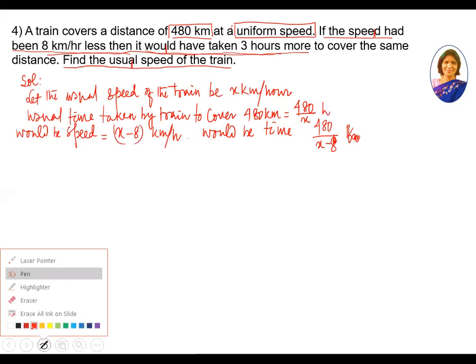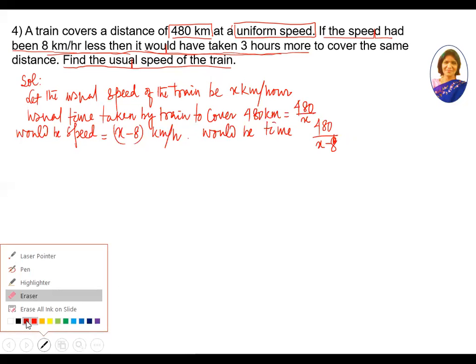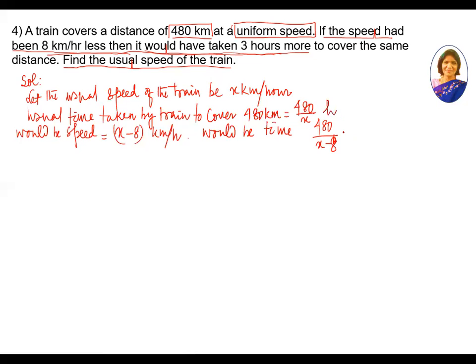Now the difference between the previous time and the new time is equal to how much? This is hour, this is also hour. Which one is greater? If you will remember, when speed is more, the time will be less. So 480 by x is greater than 480 by x minus 8?